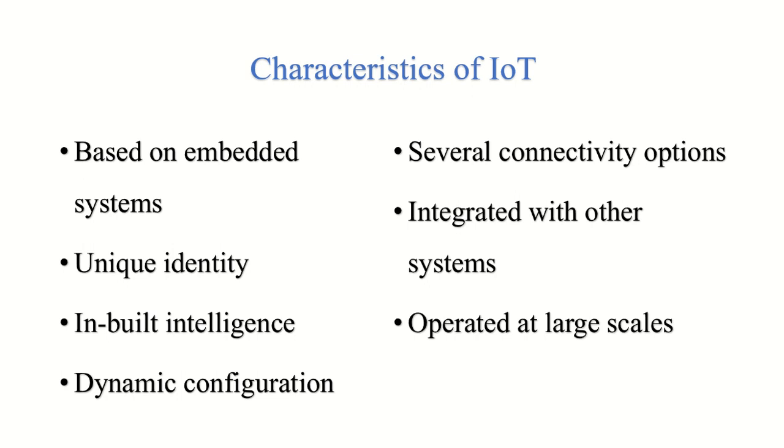Then we have inbuilt intelligence. Of course, as you can see, IoT devices are built on top of embedded systems, and these devices are packed with inbuilt intelligence in the form of specific algorithms, situation-to-action mapping or other intelligence mechanisms that can sense environmental conditions and then take specific actions or provide desired responses.